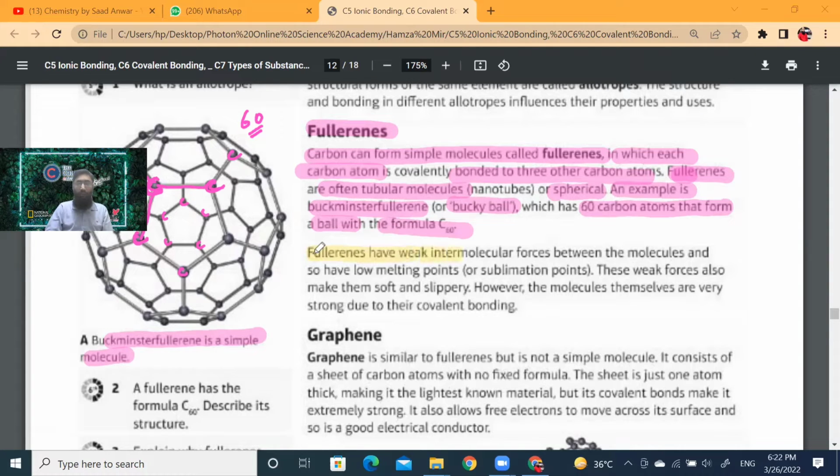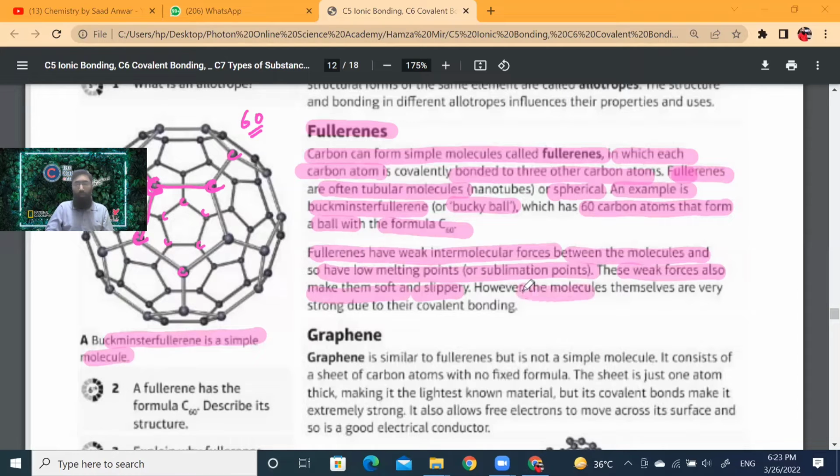Fullerenes have weak intermolecular forces between the molecules and so have low melting points or sublimation points. If they ask why fullerene has a low melting point or low sublimation point, you must remember that fullerenes have weak intermolecular forces between the molecules. The weak forces also make it soft and slippery.